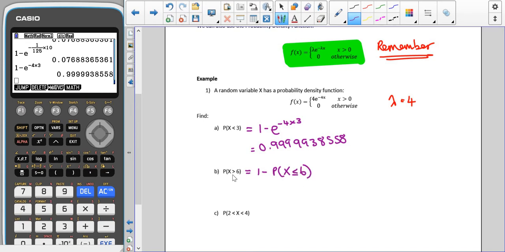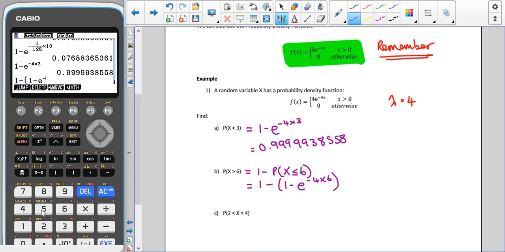Because if we want strictly greater than 6, that means that we want less than or equal to 6 taken off. So we're doing 1 minus, using our formula, 1 minus e to the minus 4 times 6. So that's 1 minus, bracket, 1 minus e to the minus 4 times 6.